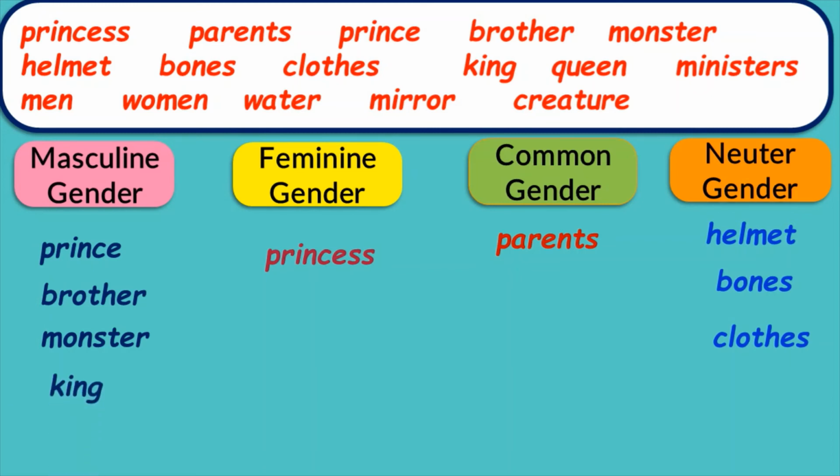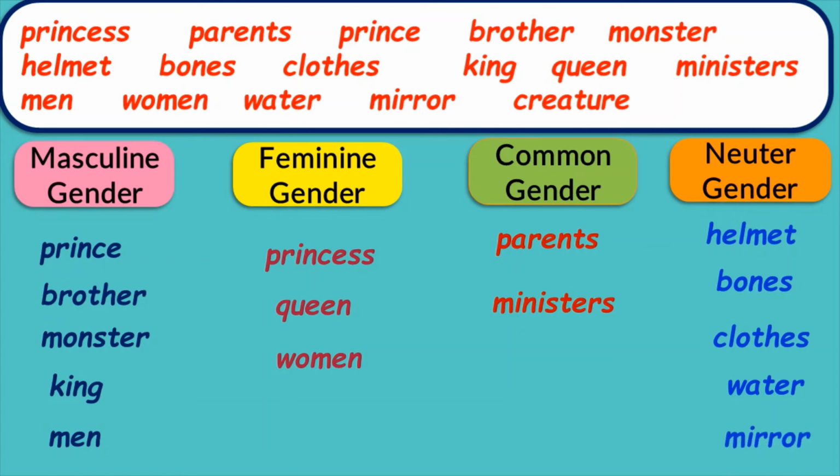King, masculine gender. Queen, feminine gender. Ministers, common gender. Men, masculine gender. Women, feminine gender. Water, neuter gender. Mirror, neuter gender. Creature, common gender.